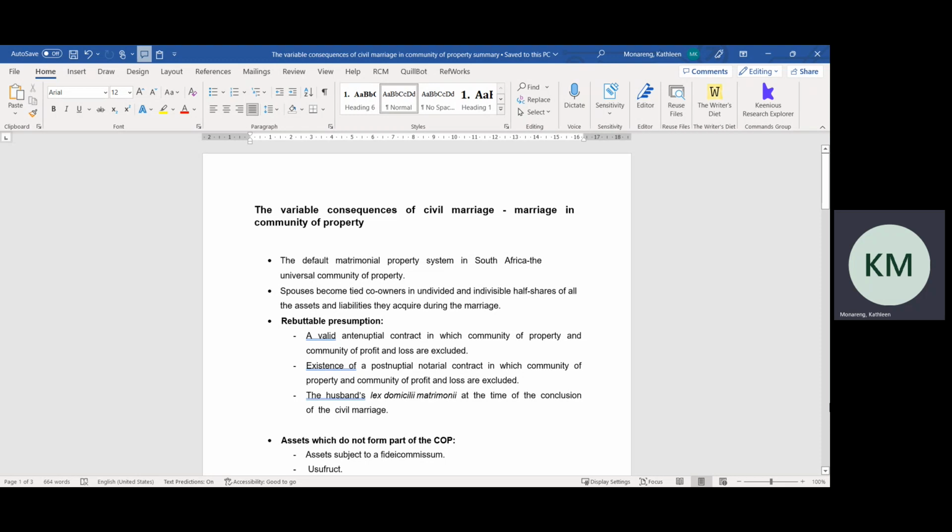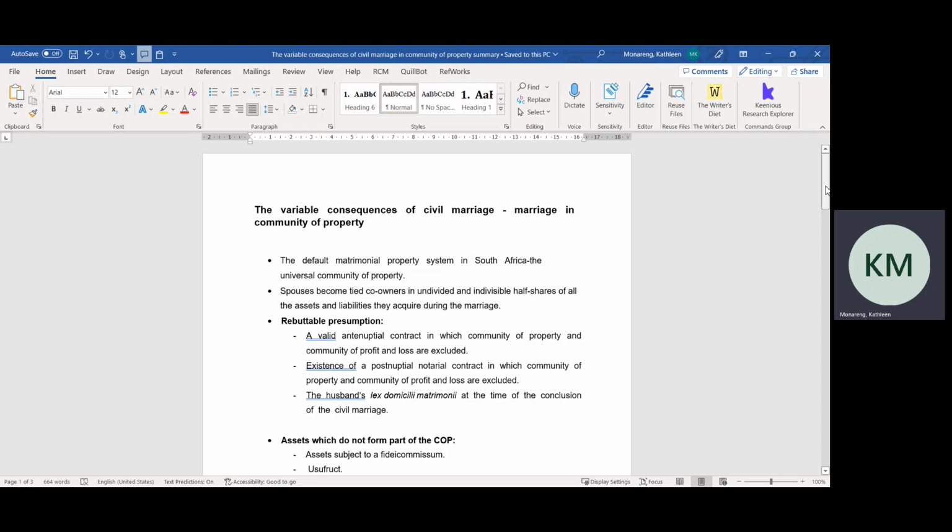The reason for this is because the husband's matrimonial property system from his country is automatically out of community of property. In South Africa, South African women follow the laws of their husband's country.